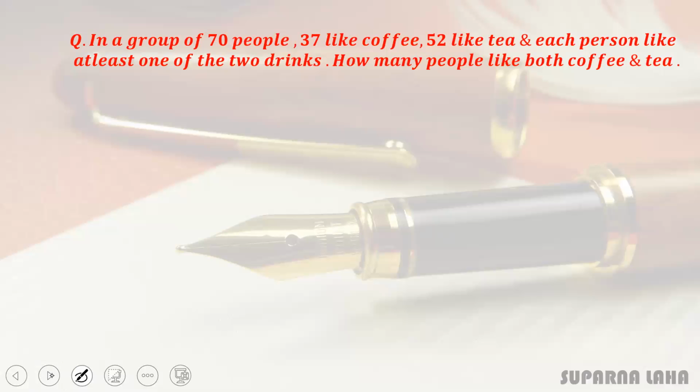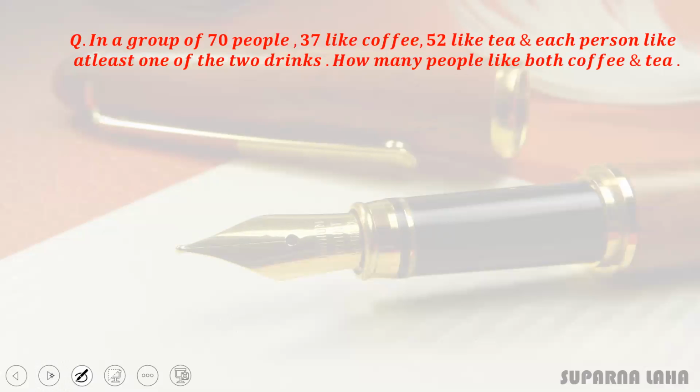So in a group of 70 people, that means the total number of people is given. 37 like coffee, 52 like tea. So again, divide them into two parts. 37 of them like coffee and 52 of them like tea. And each person likes at least one of these two drinks.